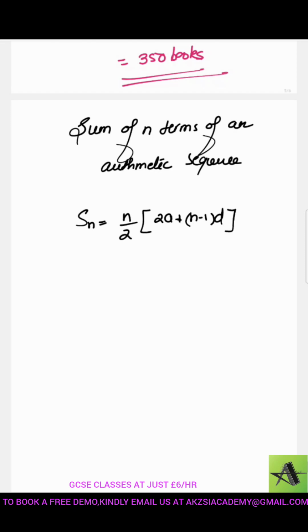So take an example. We have a series that is 1, 3, 5, 7, and so on, and we have to calculate the sum of 20 terms. So in the formula, n stands for 20 here.